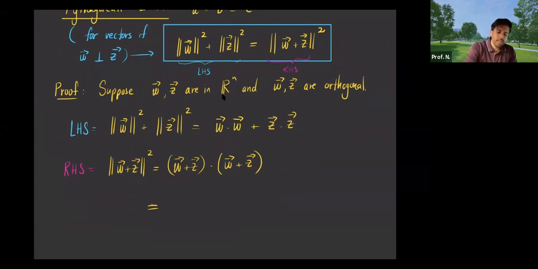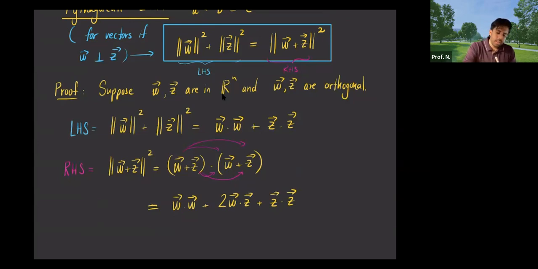Well, the dot product is distributive over addition, so we can apply the foiling method. And I get W dot W plus 2 W dot Z plus Z dot Z. That's when you FOIL everything out.